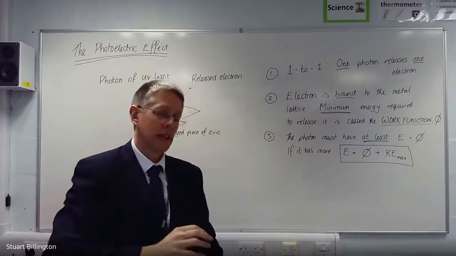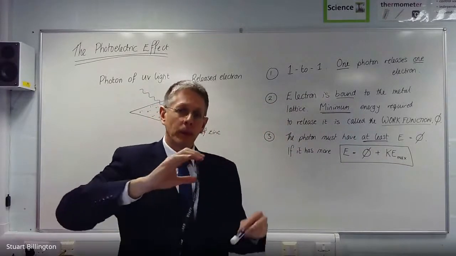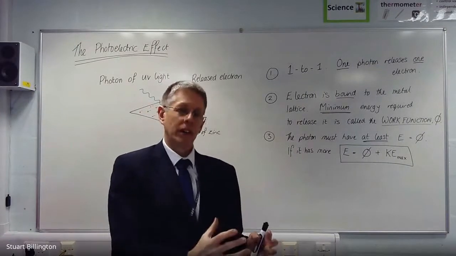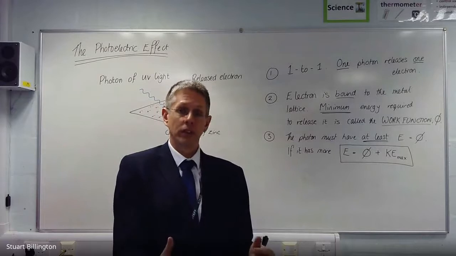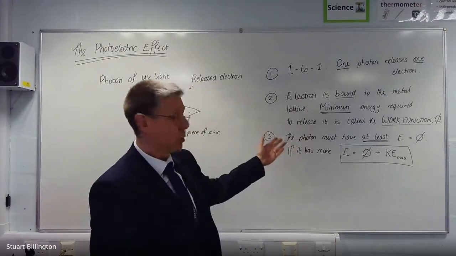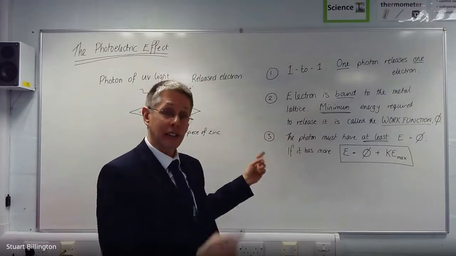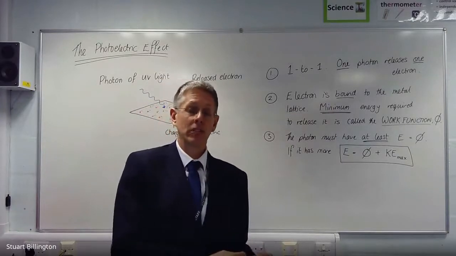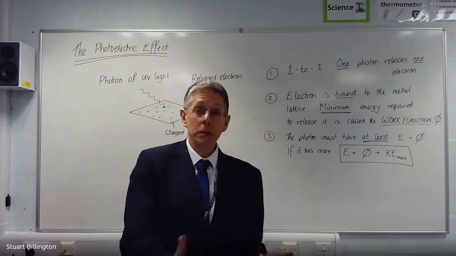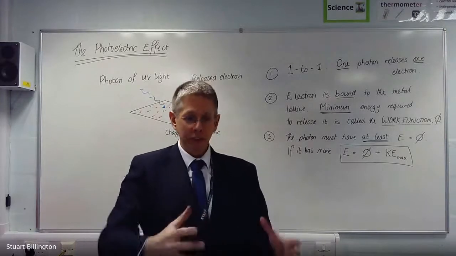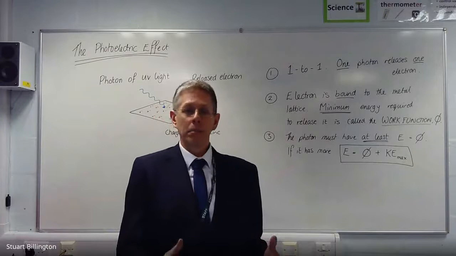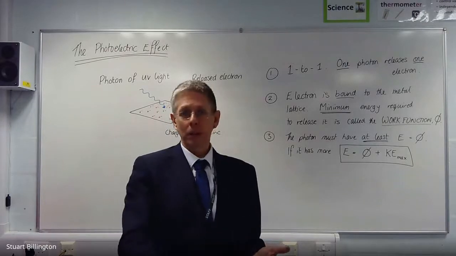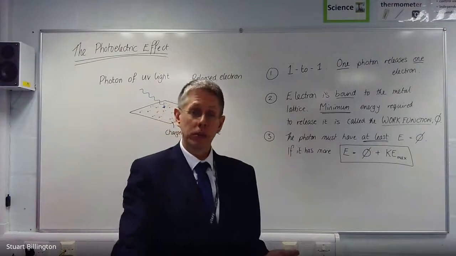Remember I told you last lesson that Einstein used the photoelectric effect to really run with the idea of the existence of photons. And it was actually for his work on the photoelectric effect, proving or justifying the existence of photons, that Einstein received his Nobel Prize, despite the fact that the very same summer, Einstein published work on the existence of atoms by explaining something called Brownian motion, which we'll talk about next year.